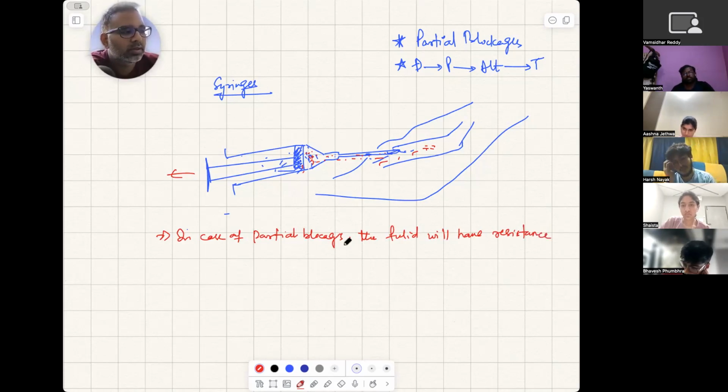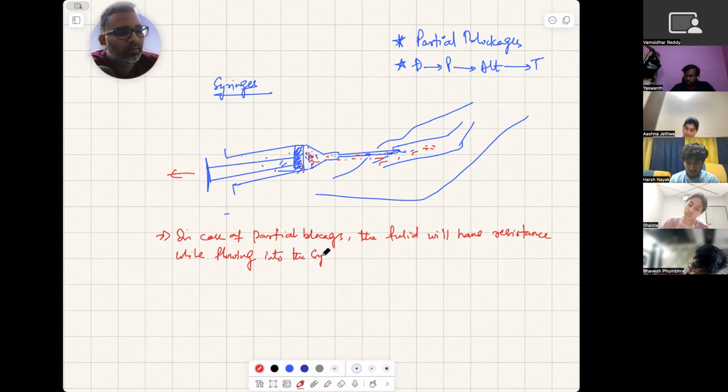Fluid will have resistance while flowing into the system.